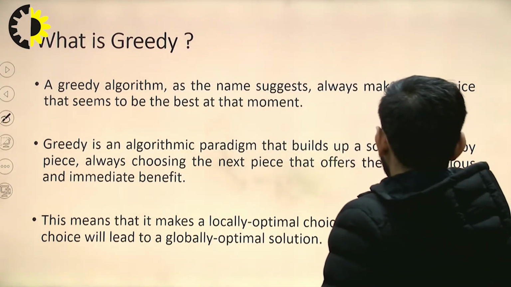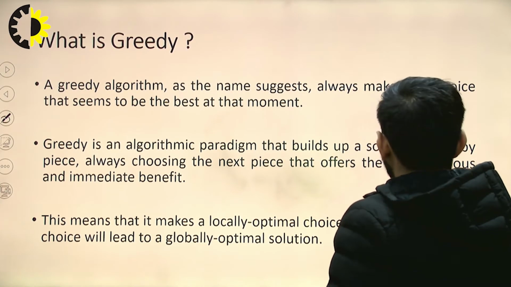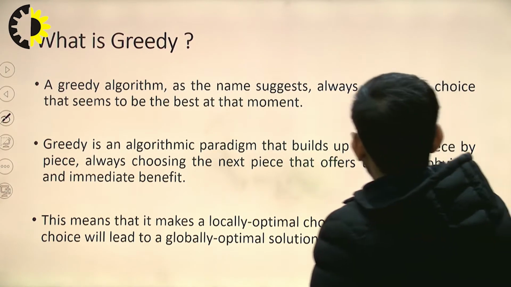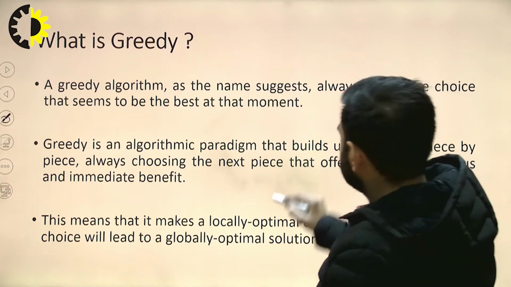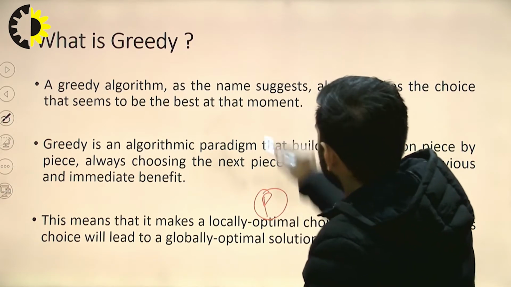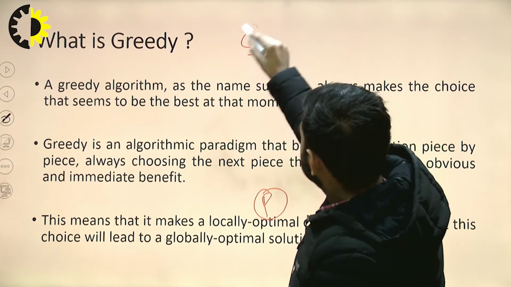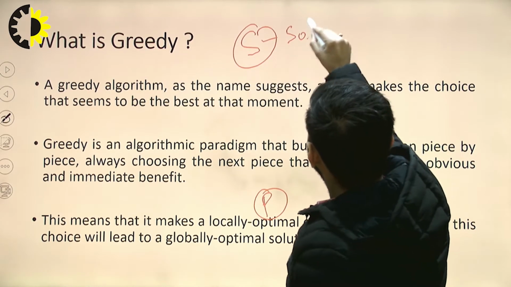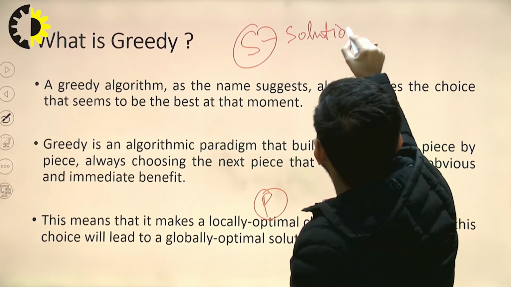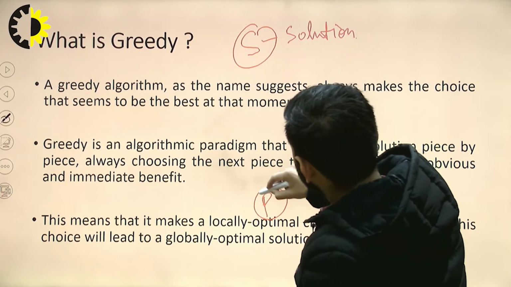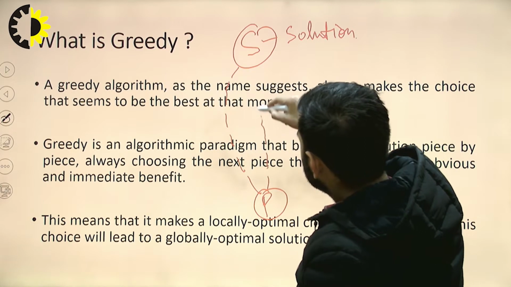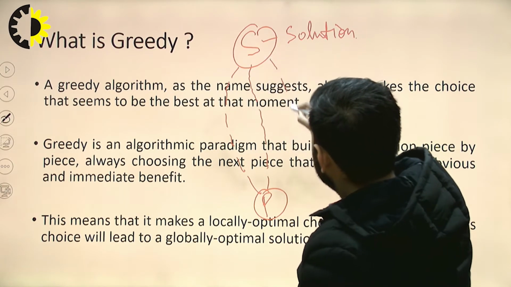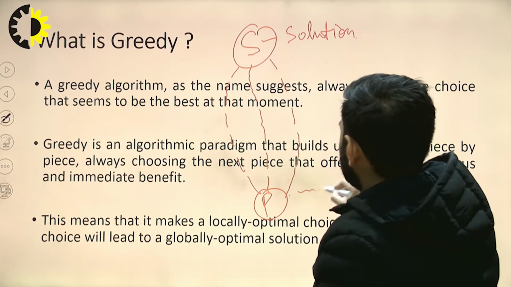suppose here is a problem P. Now we are approaching towards the solution, and here is the solution. We can approach this way, maybe this way, and there are a number of ways.